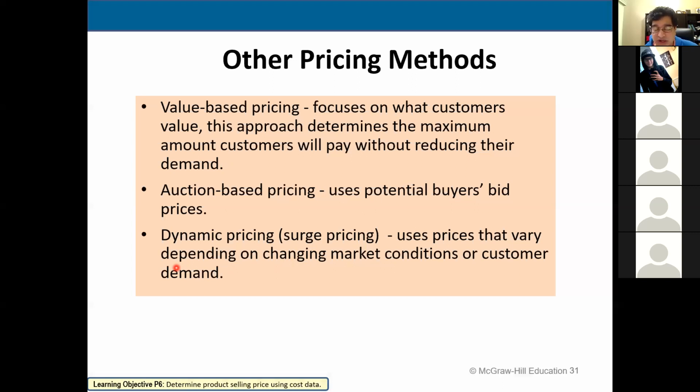Wayfair also uses dynamic pricing. It depends upon the demand and supply. Hotels use dynamic pricing for hotel reservations. If you book 3 or 4 weeks in advance, your price will be much less than if you try to book 1 day in advance. These days are a little bit different, kind of unusual, but generally that's what they do.